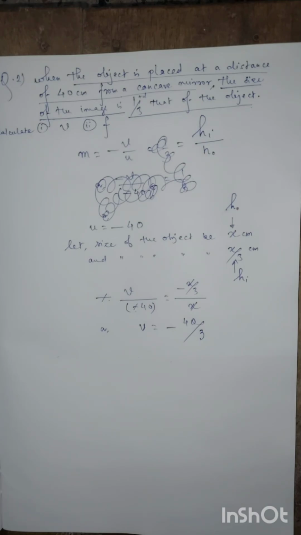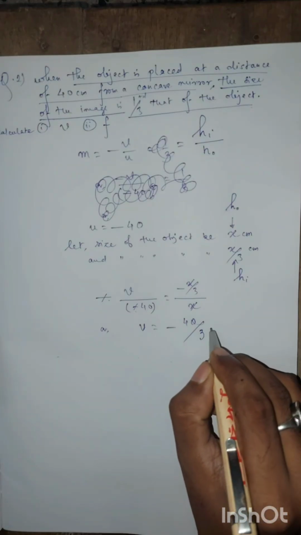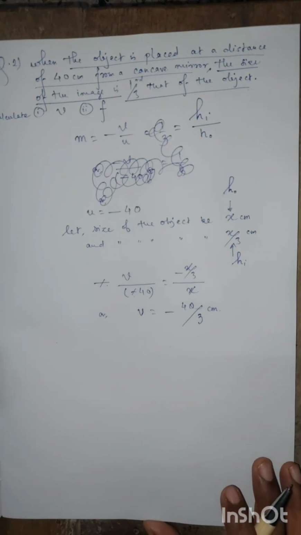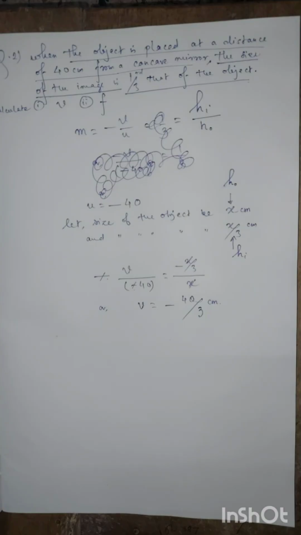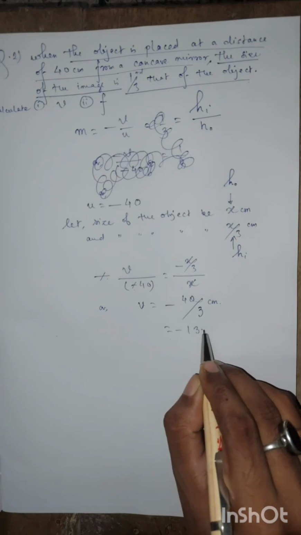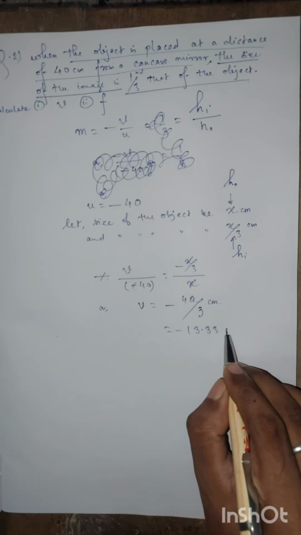So this is the value of v, 40 by 3 centimeter, which is equal to minus 13.33 centimeter approx.